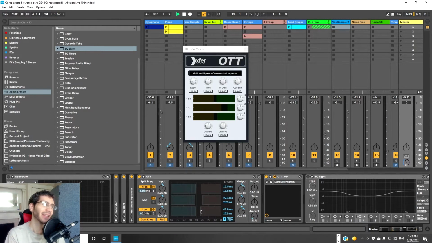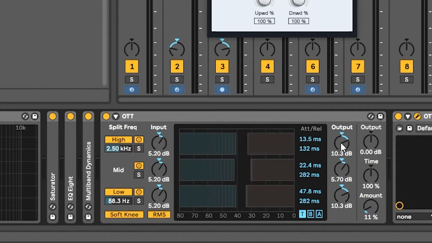So essentially, we've done a lot of squashing. We have that upwards compression and the downwards compression. And then I think what truly makes OTT, over the top, is we have this crazy smile EQ thing going on.